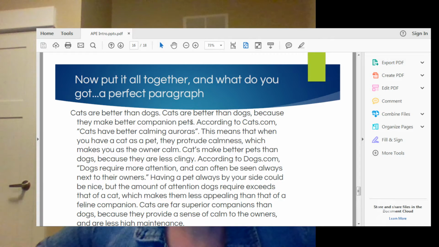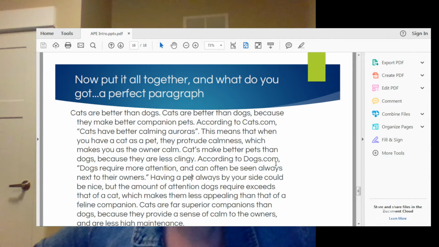So when we tie everything together, this is our nice meaty paragraph. Cats are better than dogs because they make better companion pets. According to cats.com, cats have better calming auras. This means that when you have a cat as a pet, they protrude calmness, which makes you as the owner calm. Cats make better pets than dogs because they are less clingy. According to dogs.com, dogs require more attention and can often be seen always next to their owners.